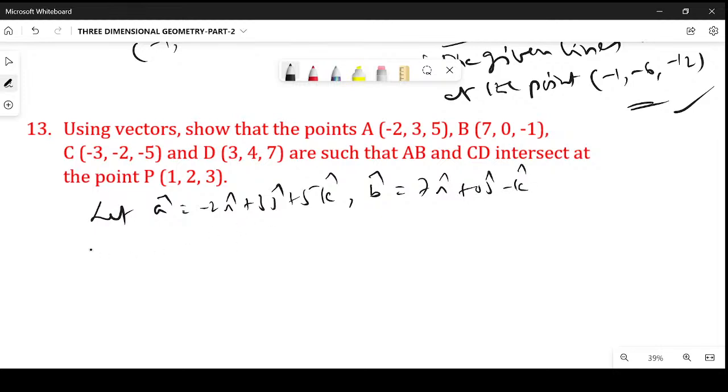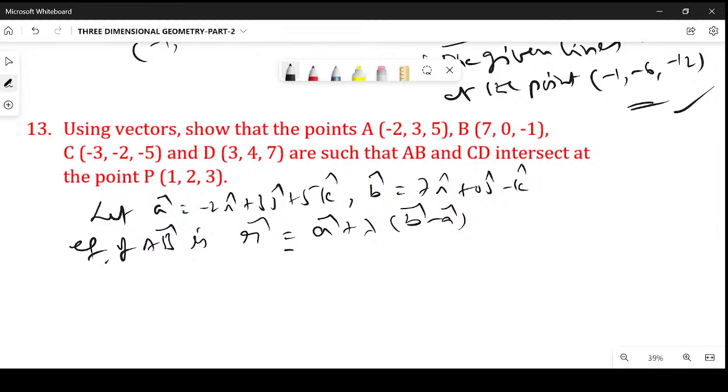Now you can write the equation of AB bar as R bar equal to A bar plus lambda into B bar minus A bar. This is the formula, right? If we use this, I get the equation: minus 2I cap plus 3J cap plus 5K cap, plus lambda into B bar minus A bar. 7 minus, you will get 9, 9I cap.